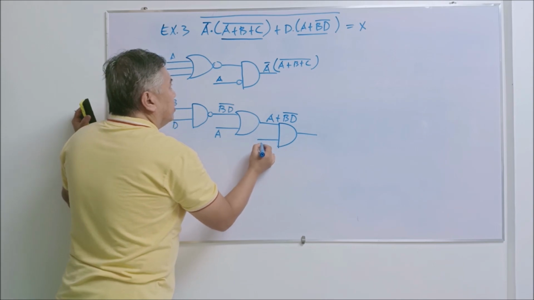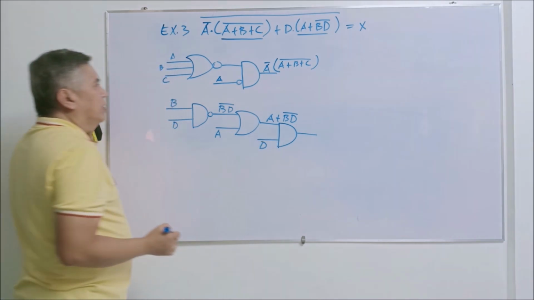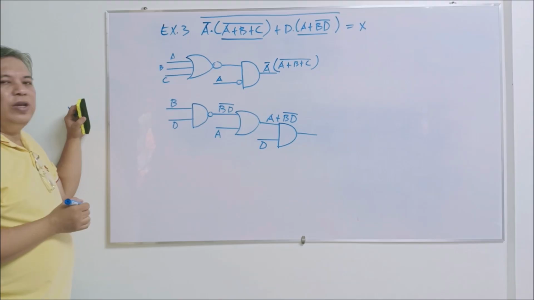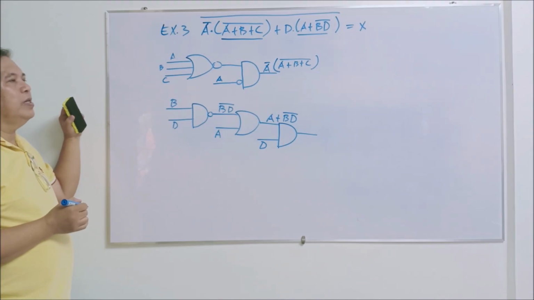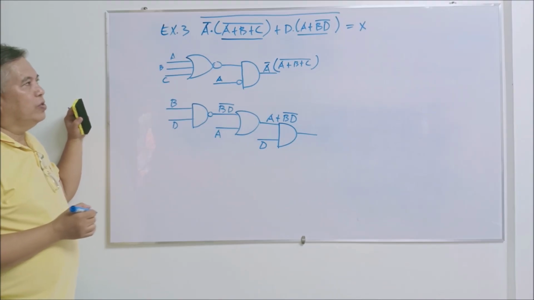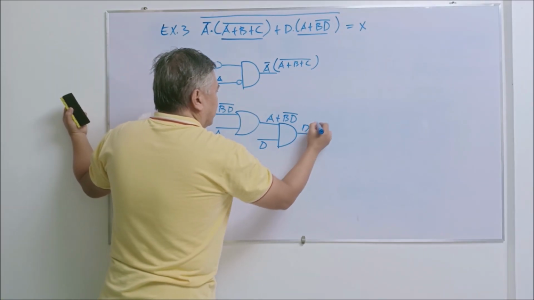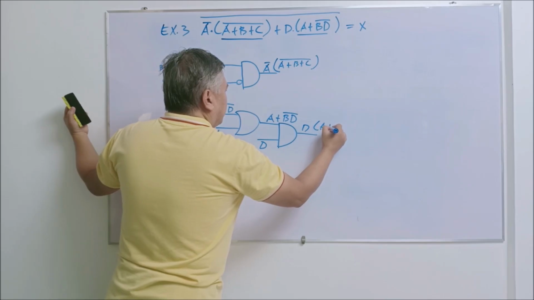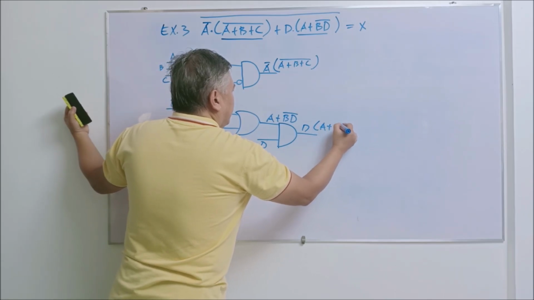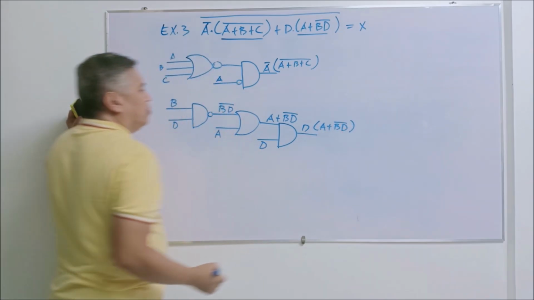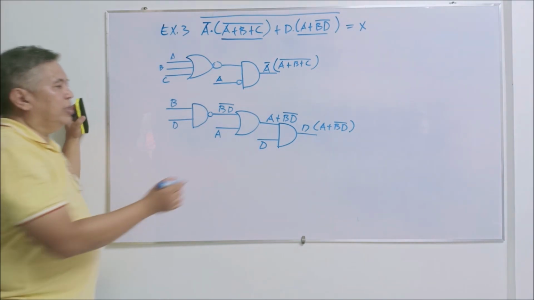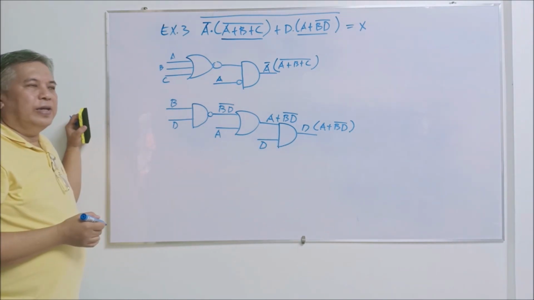Then you have input D. Okay, so we have now 4 inputs represented by A, B, C, and D. So the output now becomes D times A plus BD complement. That will now be the output of this particular AND gate.